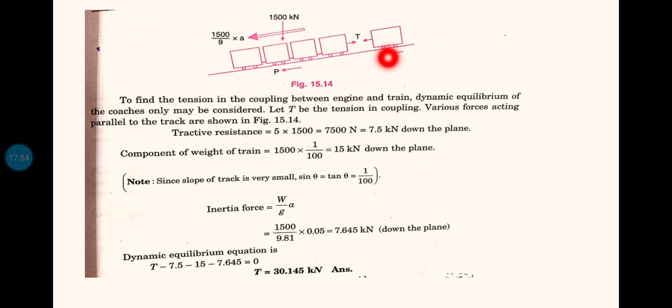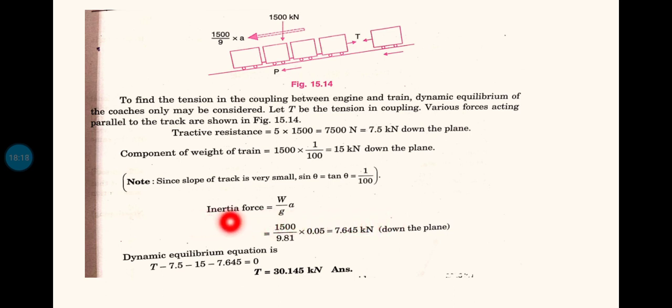Now if you write the equation of dynamic equilibrium, taking this direction as positive: T minus P, which is 7.5 kilonewton, minus this one, that is 1500 by 9.81 into acceleration, which we got as 7.645 kilonewton.